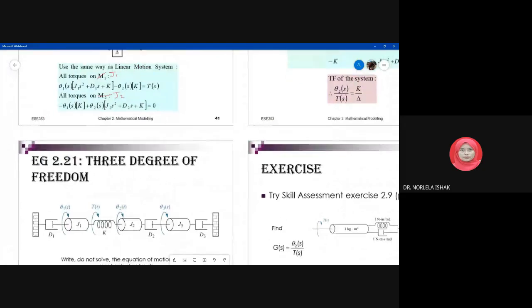So, let's try exercise 2.21, three degrees of freedom. Similar also, don't solve, just write the equations: what's the equation for J1, for J2, and for inertia number 3.